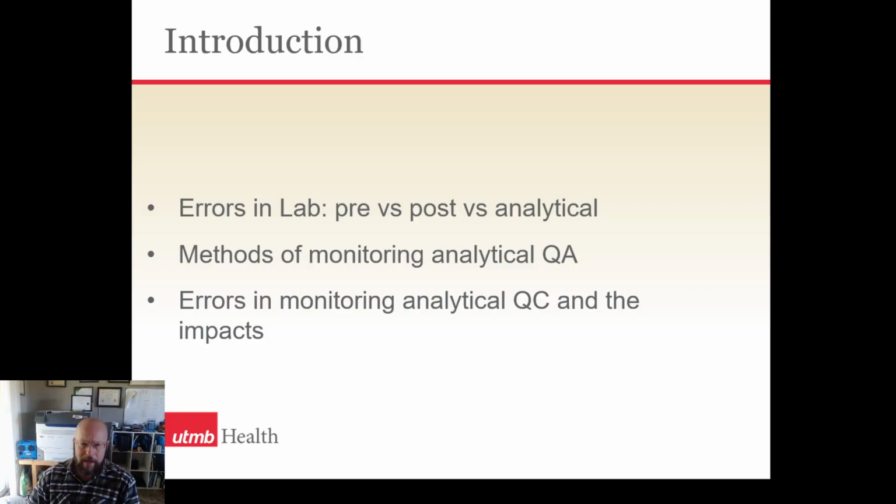Dr. Westgard ran with that and really developed the multi-rule statistical quality control that we see today. And so in large part, there's not a lot of research going on into how we can improve analytic quality in the phase that we can most readily control, the analytic phase of testing.